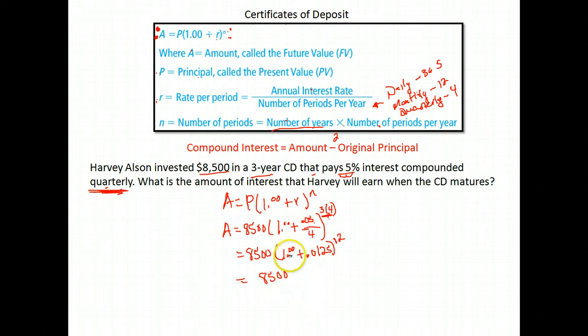Okay, next we have 8,500. We add these together. 1 plus 0.0125 is 1.0125 to the 12th power. Now our order of operations tell us we need to do the exponent first, then our multiplication. I'm going to pull a calculator up real quick, show you exactly what it looks like to do 1.0125 to the 12th power.